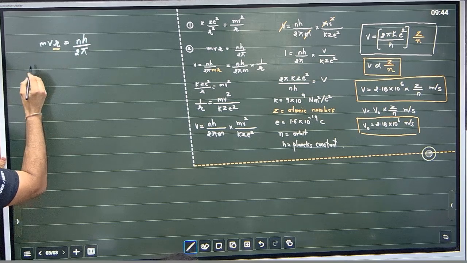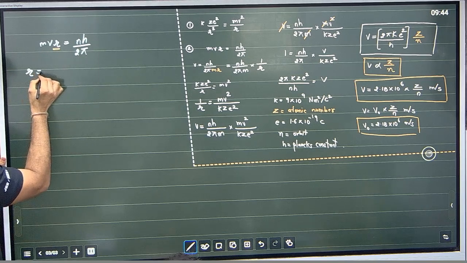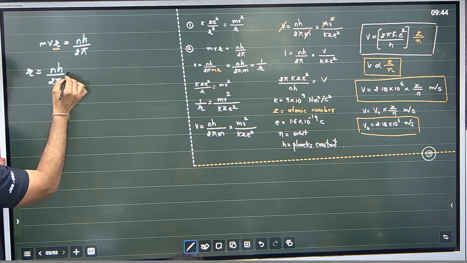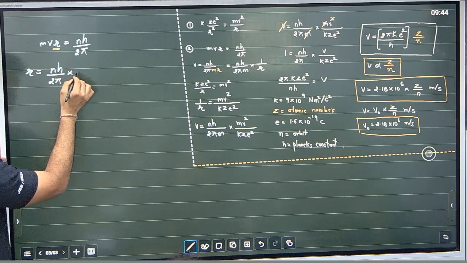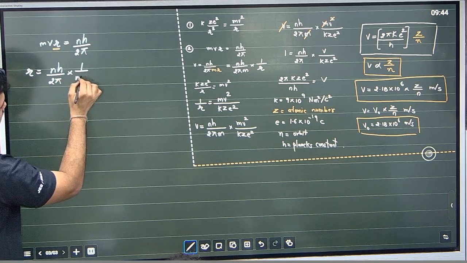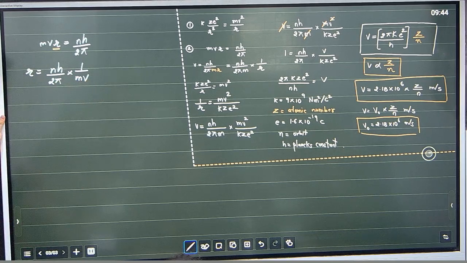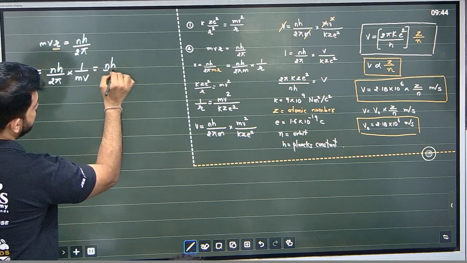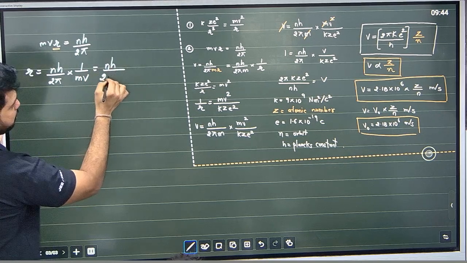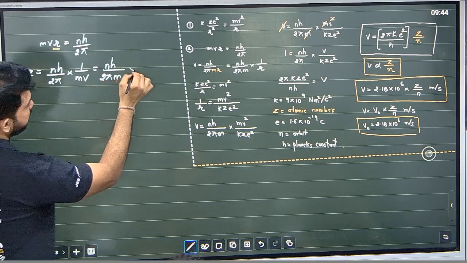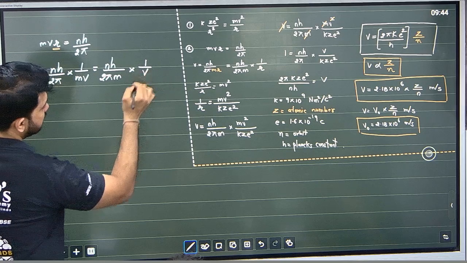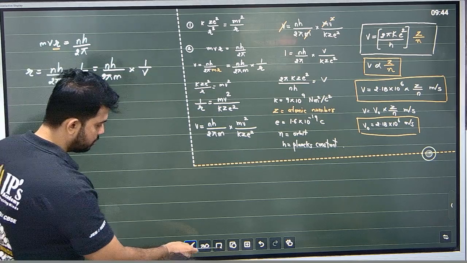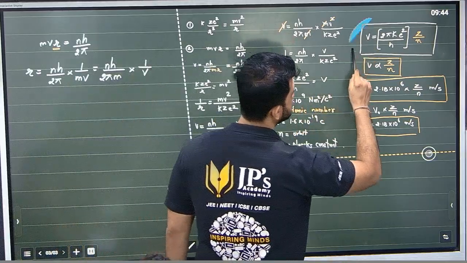So what do you get? R is equal to nh upon 2 pi into 1 upon mv. nh upon, I write 2 pi m together, into 1 upon V. What is the expression for V?